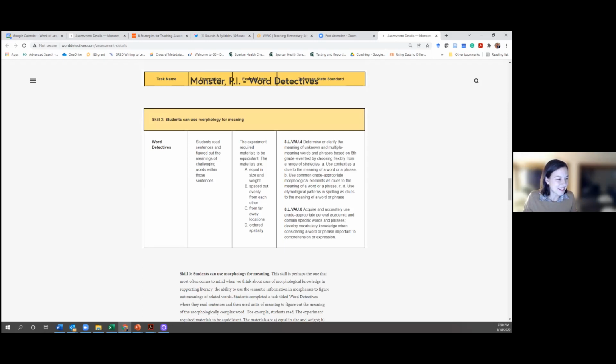Mostly B's. We have one D in there, although maybe that's just a reversal. Spaced out evenly from each other. Yeah, so it's making sure it gets that equa part in it, being equally. Great.